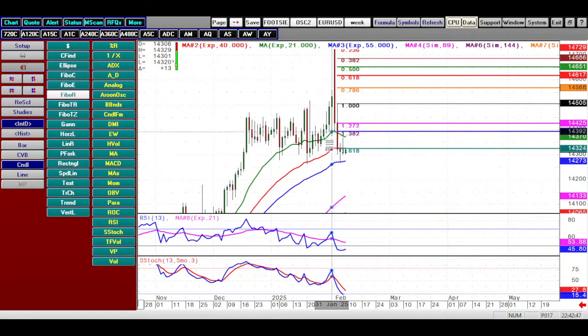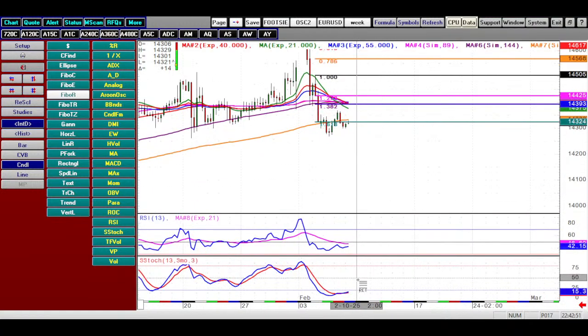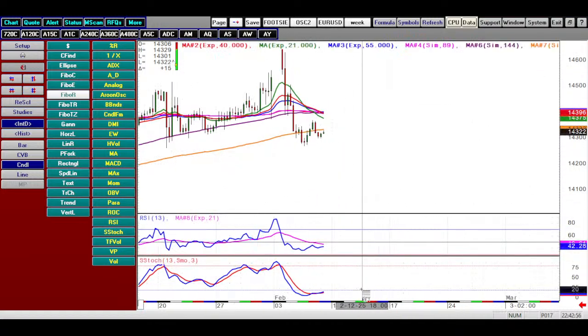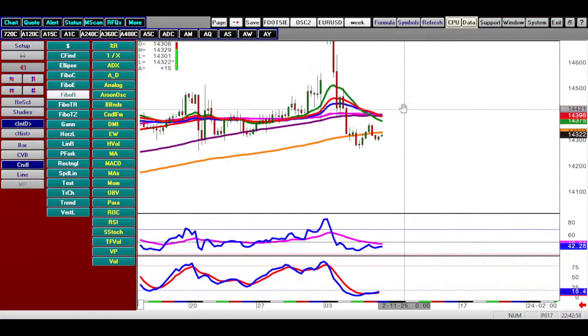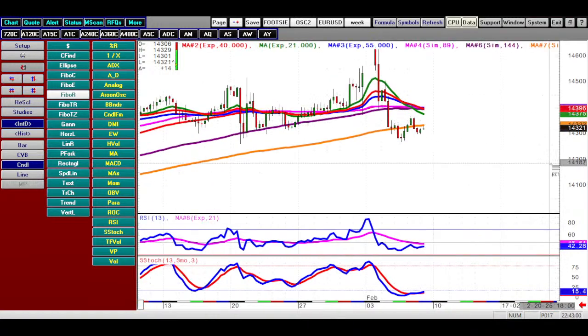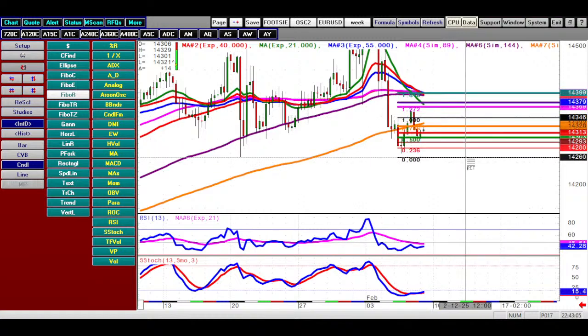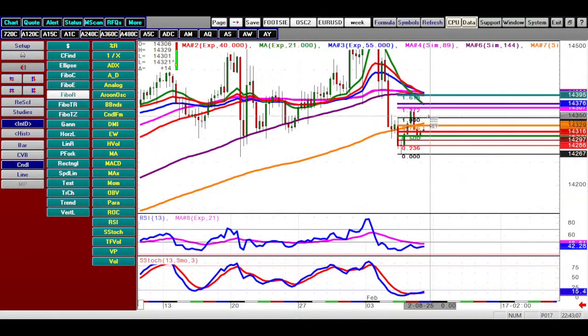If it doesn't, then this is going to be in a range, in a congestion. Now looking at your 6 hours, remember I told you if the market trend continues, this is a PT hook. That means if the downtrend is intact, we should not see the price going above 43.70.